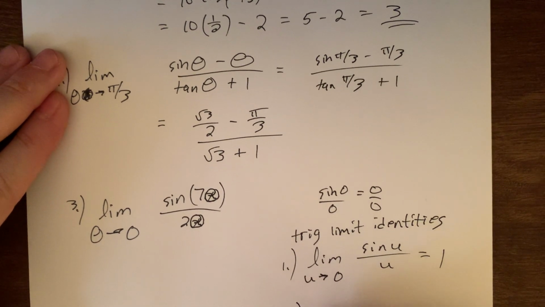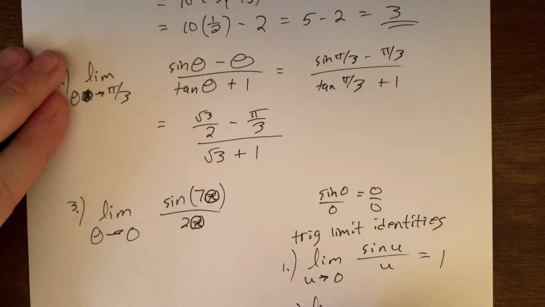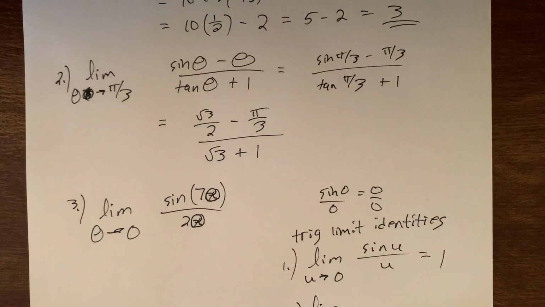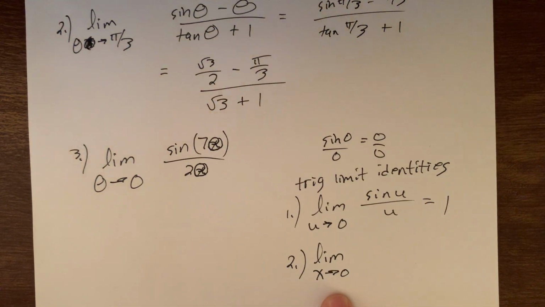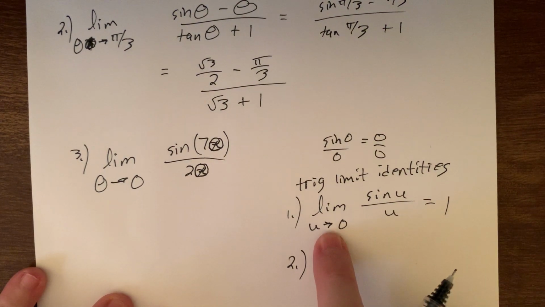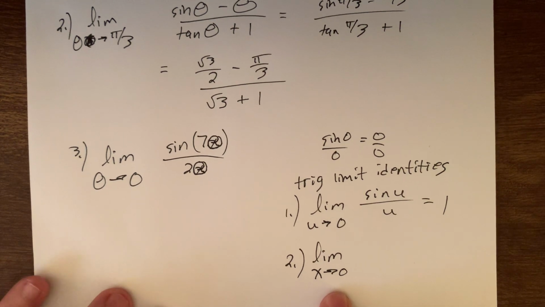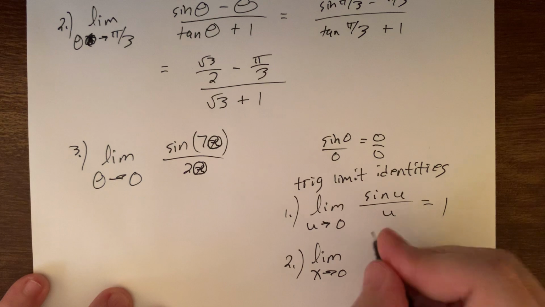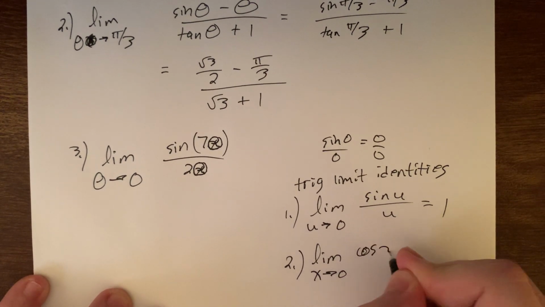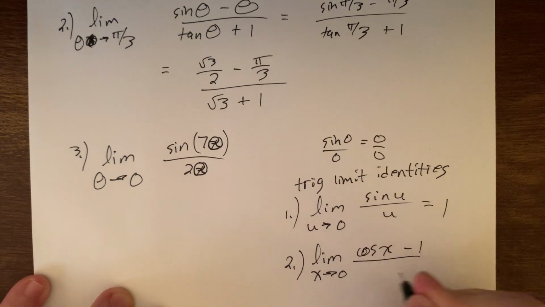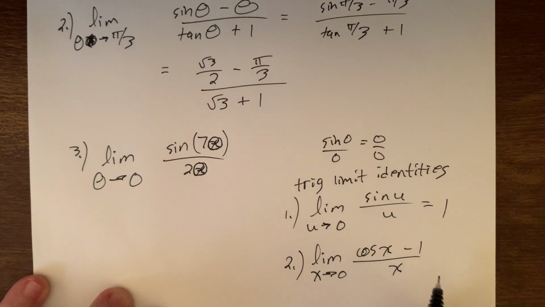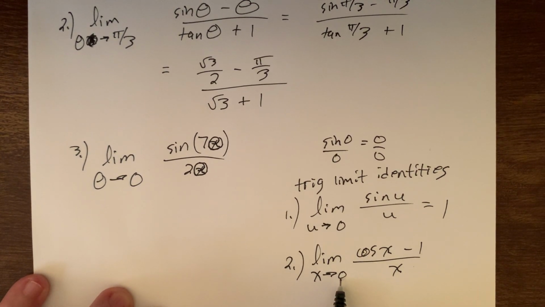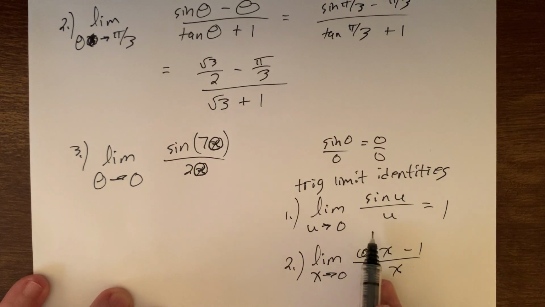Number 2, I need to at least point this one out. This one gets used like twice, but still, often enough that we need to point it out. You may ask why I'm using u here and x here, and I'll explain that in a moment as well. But first, this limit is as x goes to 0 of cosine x minus 1 all over x. If you plug in, you get cosine of 0, which is 1.